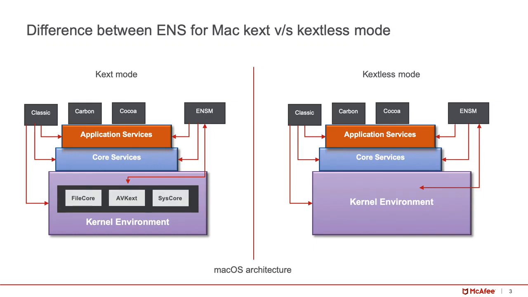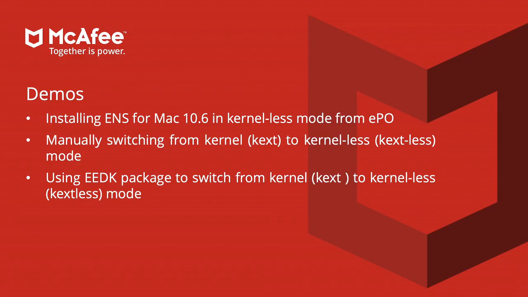This is the high-level difference between kernel versus kernel-less mode on the macOS operating system in ENS for Mac threat prevention product. Now we will look into the demos on how to switch from kernel to kernel-less mode in ENS for Mac threat prevention product.